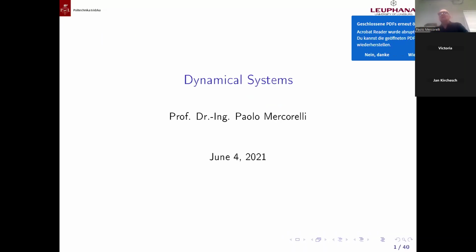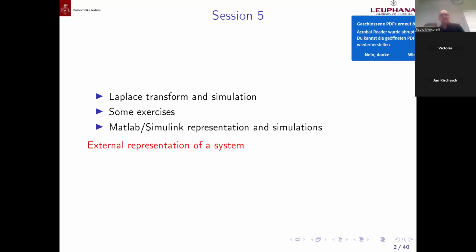As I told you, this concept of sigma, delta, and the derivative of delta as a distribution is a topic of another course, but nevertheless, in dynamical systems we can see it in the context of the Laplace transform and simulation.